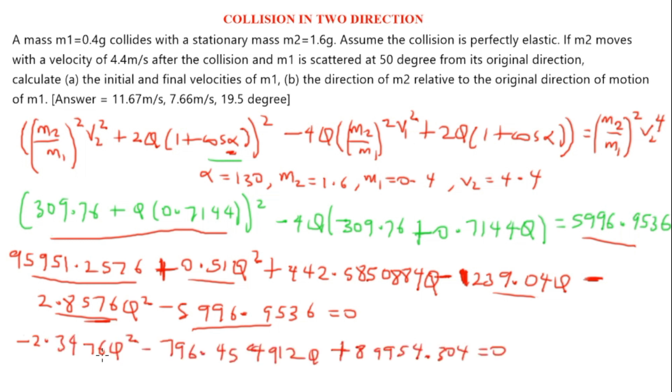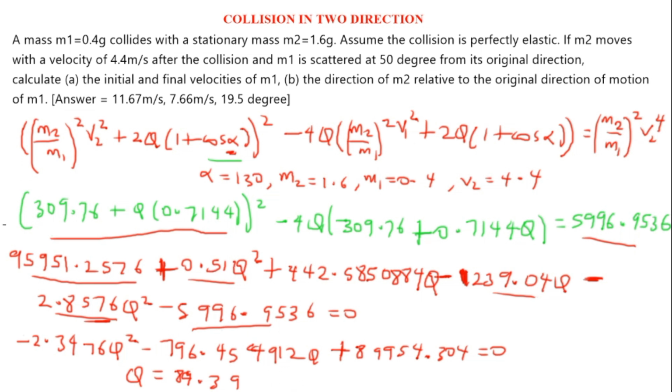If you solve this quadratic equation on your calculator, you will obtain 89.39 and a negative value. So we will meet the negative value. Since this is our q now, we can find our p.